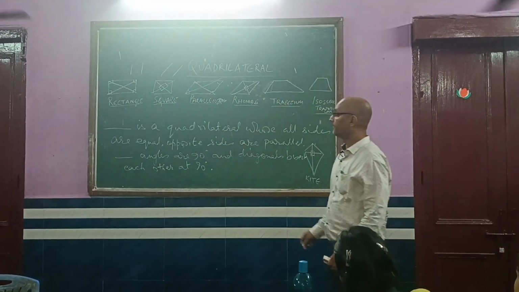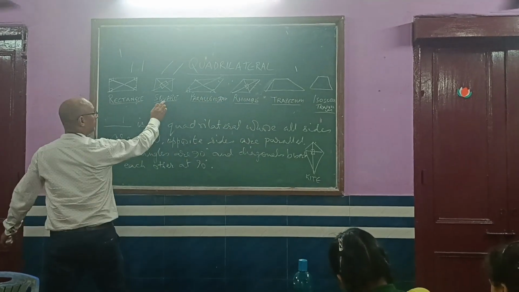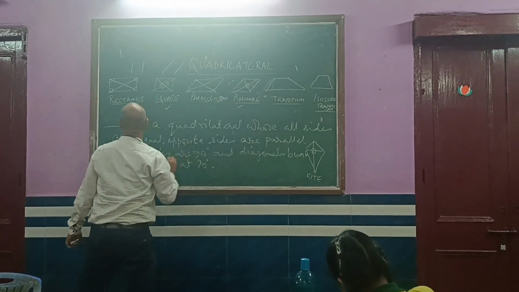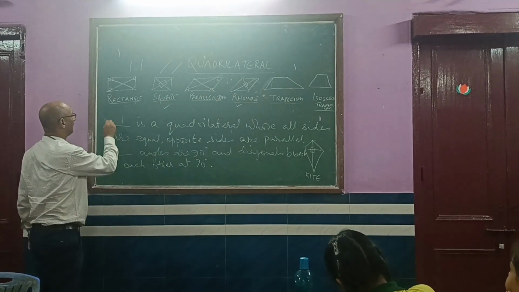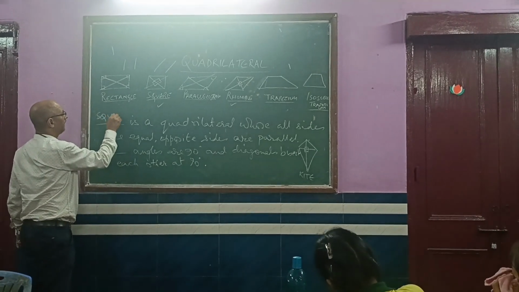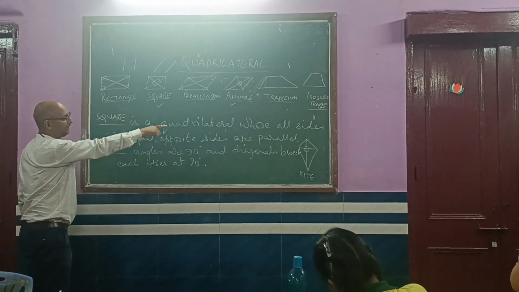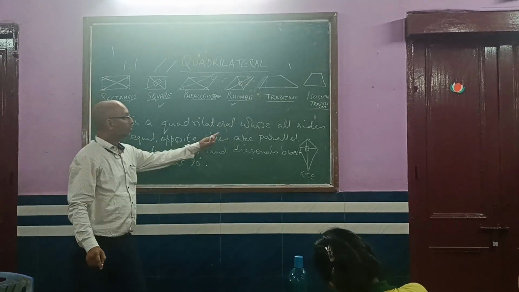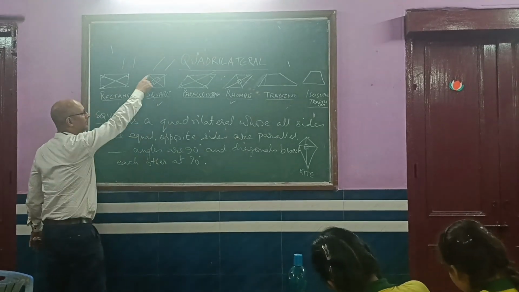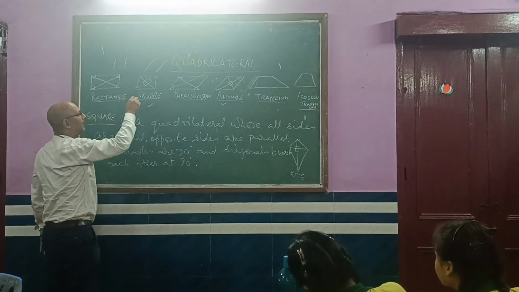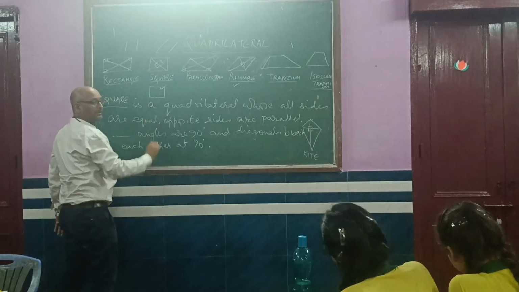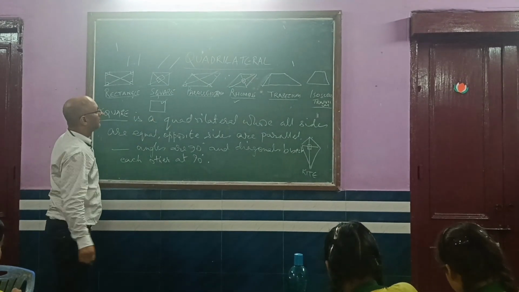Now look at this. I'm talking about the square and rhombus. First, to take the example of square. The square is a quadrilateral whose all sides, look at this, यहाँ पे जितना साइड है सब क्या है, इक्वल है, all sides are equal.